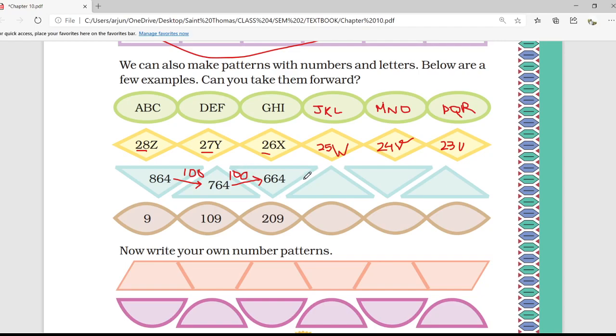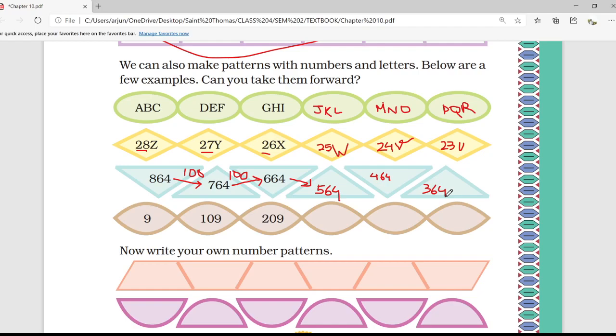So for this we have to subtract again 100, and what will be the answer? 564. Subtracting again 100 from 564 we will get 464. Again subtracting, 364, right? So this is how it is done.